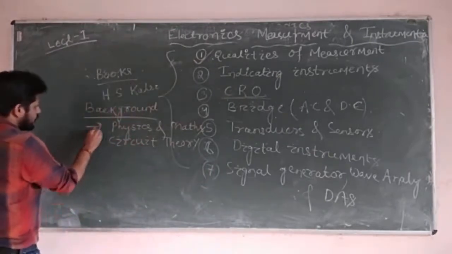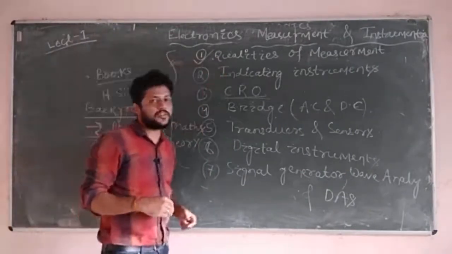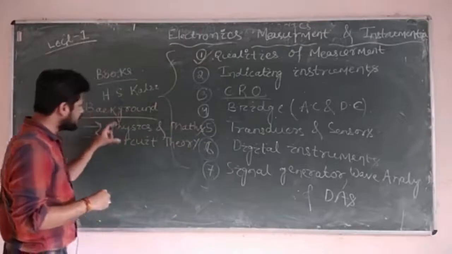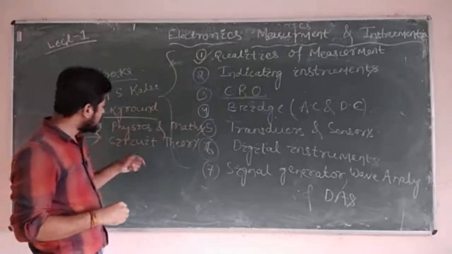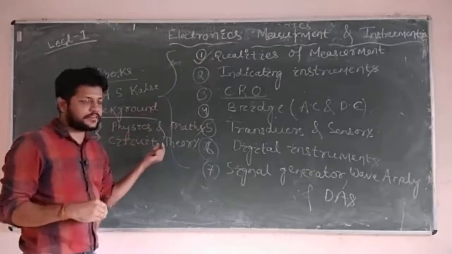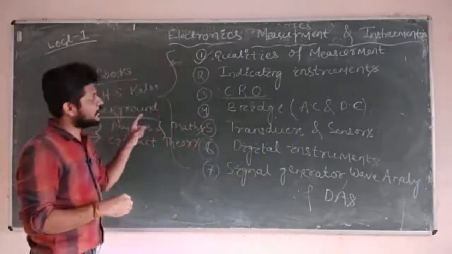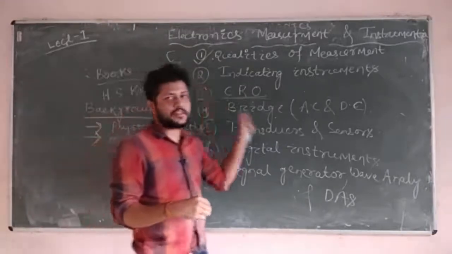So these are the two prerequisites in order to understand all these electronics measurement and instruments. You have to revise these concepts of physics and maths. I will cover if any other concept arises in between, then I will discuss that. Then again I will use it in order to measure that parameter.